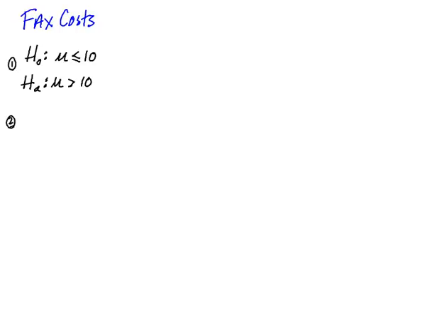Step 2, I'm going to go ahead and create a sampling distribution, and I'm assuming that 10 is going to be in the center. The standard deviation is actually from the sample, and the sample size is 35, so I've got 4.45 over the square root of 35, and also looking at both of those, one being the sample standard deviation and 2 being 35, I'm going to go ahead and use a t-distribution for this.